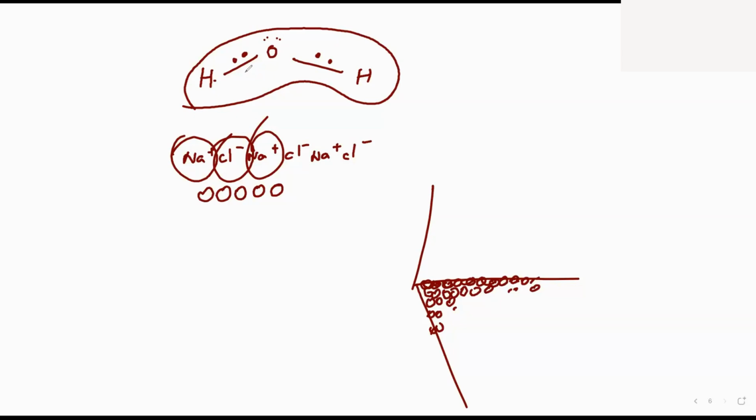So when I say NaCl, we don't have one NaCl anywhere. NaCl is made of millions of Na plus and Cl minus regularly arranged. And why do we say ionic compounds are crystalline in nature? Because crystals are formed when particles are regularly arranged.